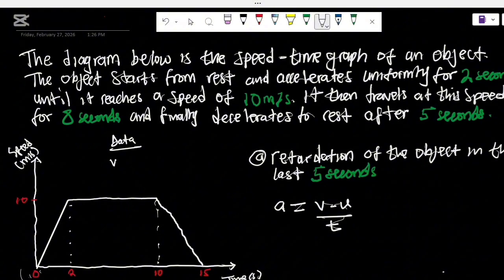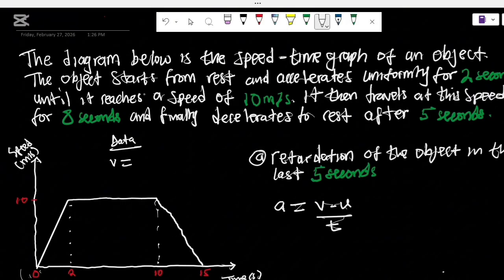So what is the final velocity of this object? Notice that when you're talking about positive acceleration in this area, the final velocity is 10 and the initial velocity is 0. But since we are dealing with negative acceleration or retardation, we're dealing with this particular area.